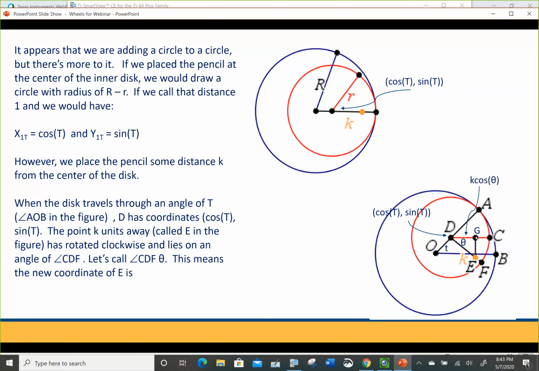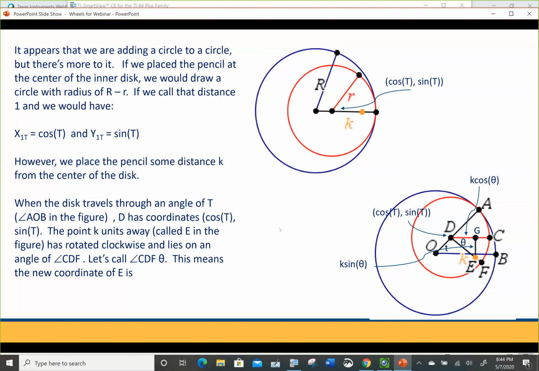Now, GE is in the same triangle, and its length is k sine theta. So if I'm looking for the position of the point, it's going to be the coordinates of D, cosine t, plus k cosine theta. That's going to be its x position. Its y position is going to be the height of D, which is sine t, minus k sine theta.